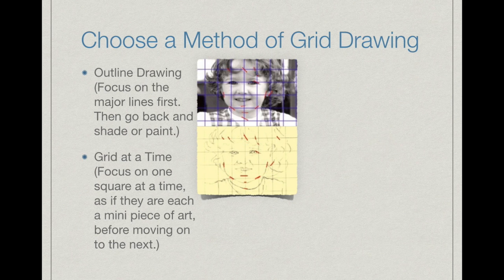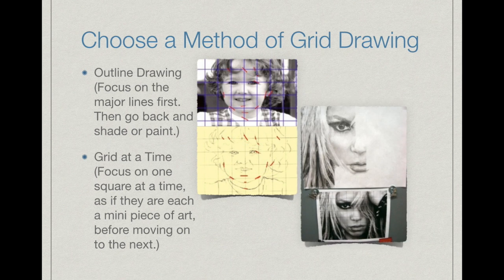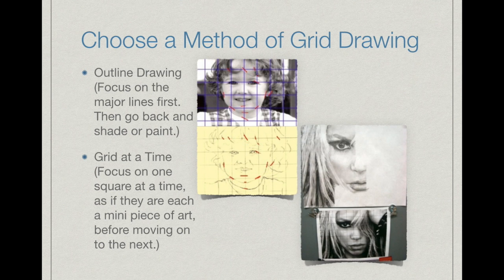So you're using the squares as a guideline to draw what's within each square. You can either start with the outlines of your drawing, or you can draw one grid at a time, as if they're each a little mini piece of art. And you can shade it as you go, or like in the first version, you can draw it all out and then go back and shade it.